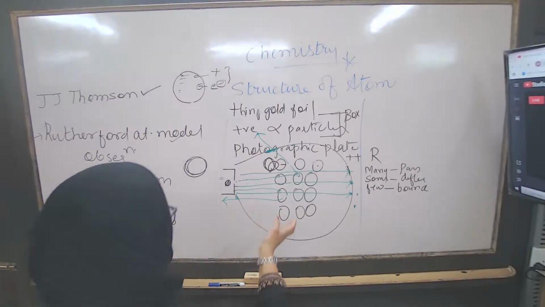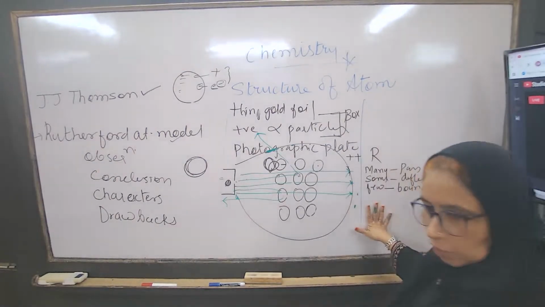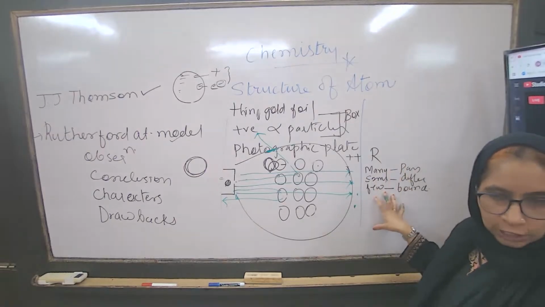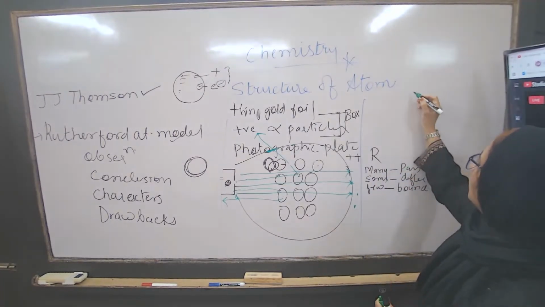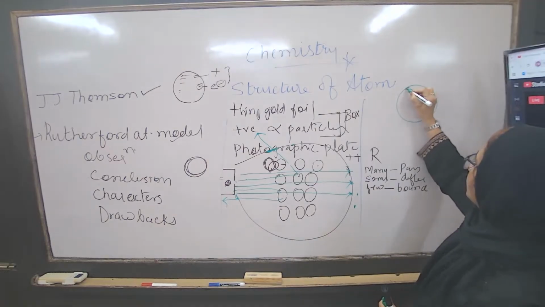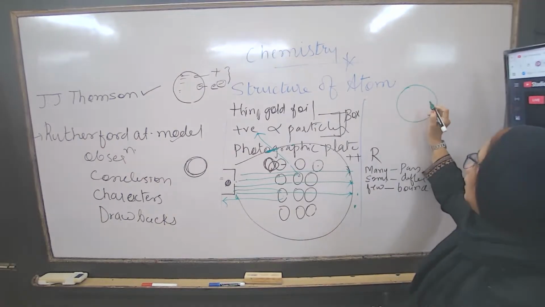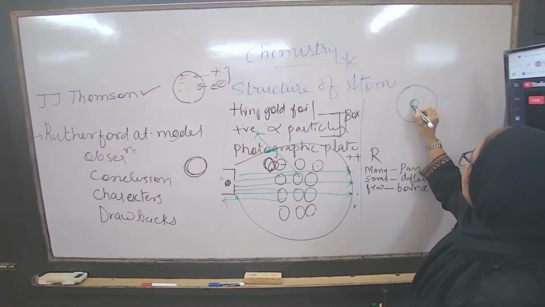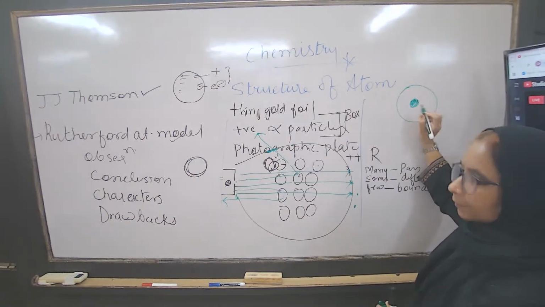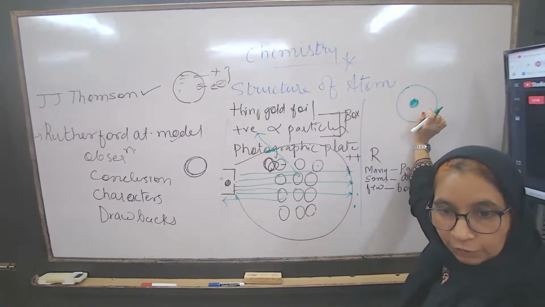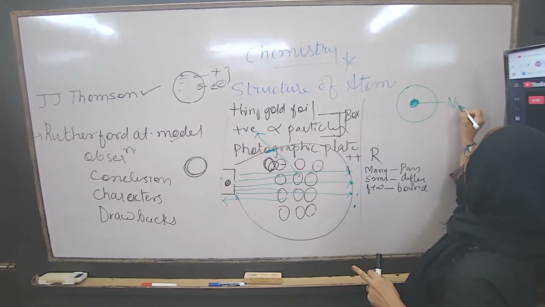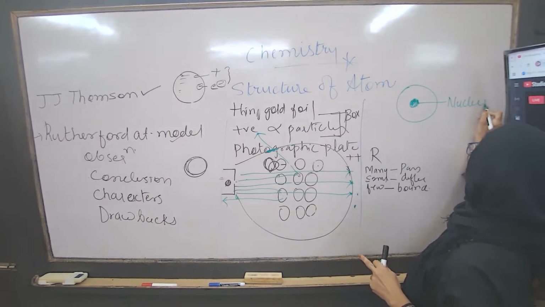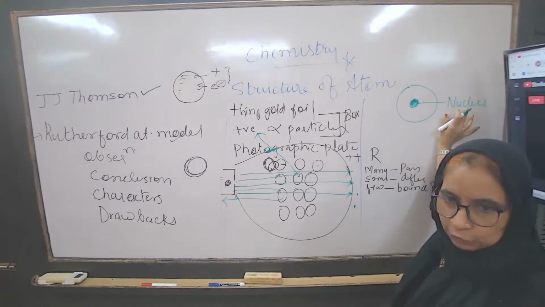Now from this observation, whatever observation he has made for many, few, some, the conclusion was that atom, for example this is the atom, contains a positively charged center. Okay, positively charged center, and this positively charged center is known as nucleus. This is first one.